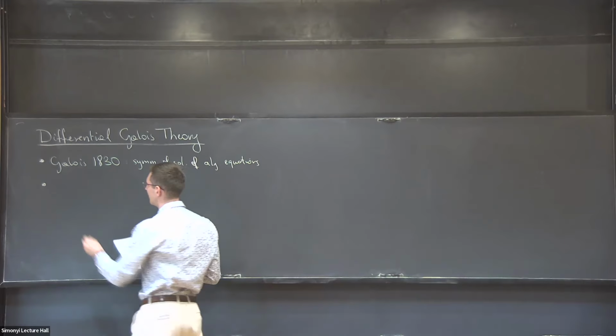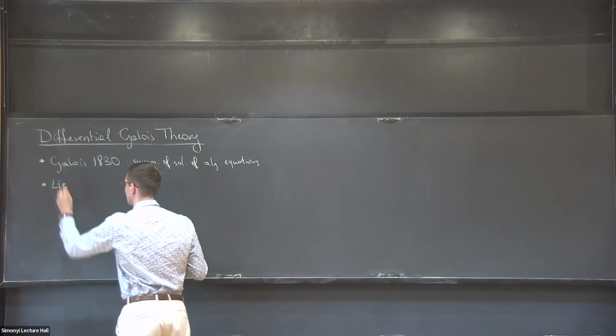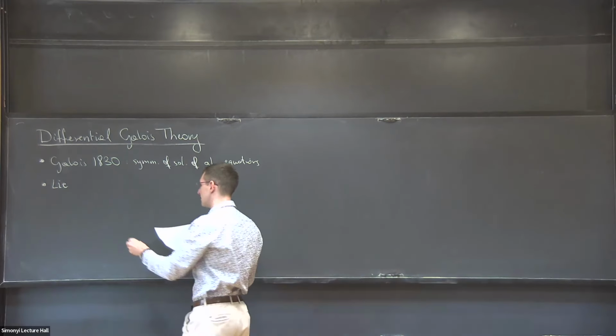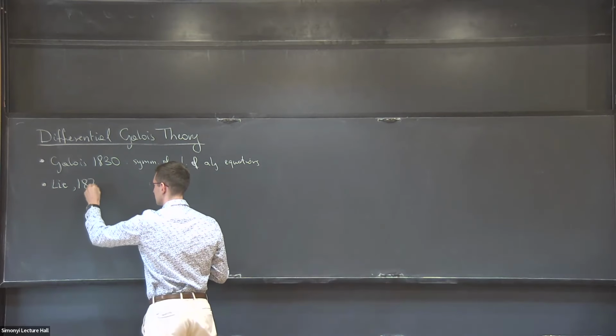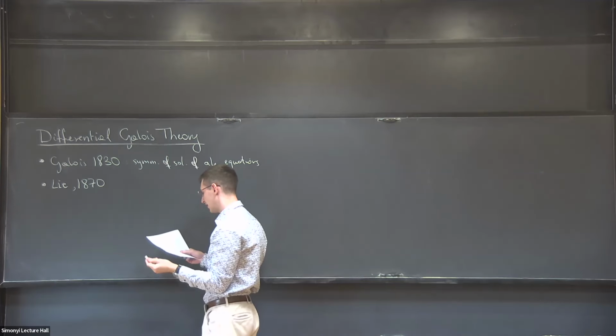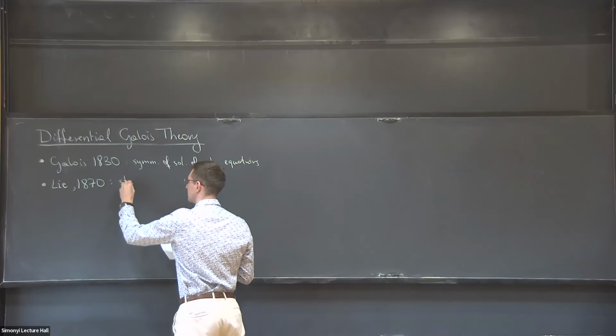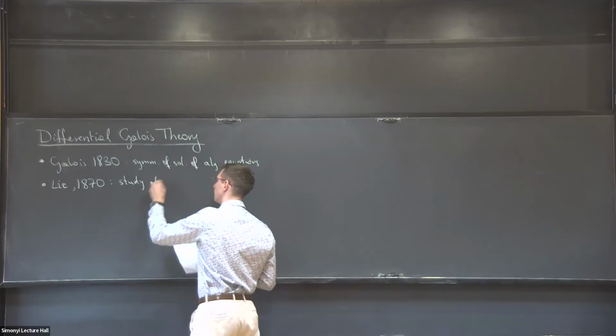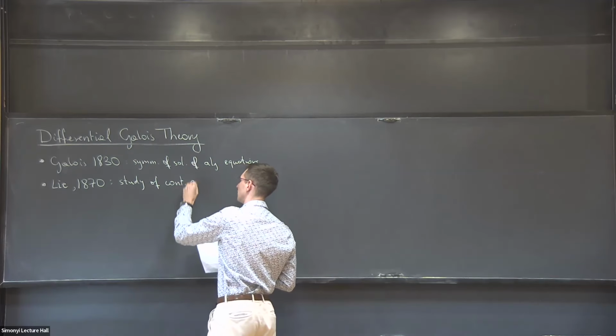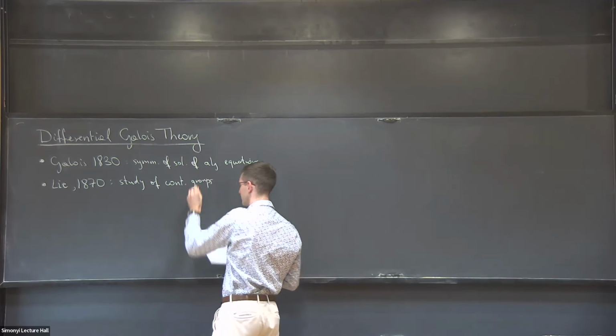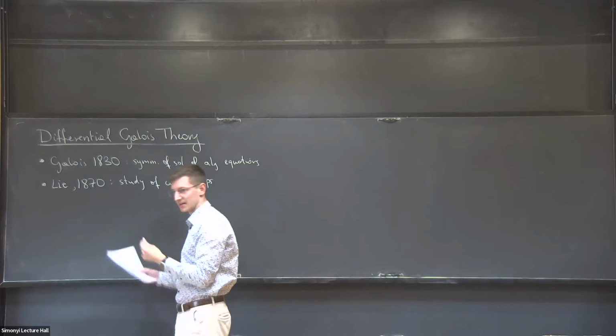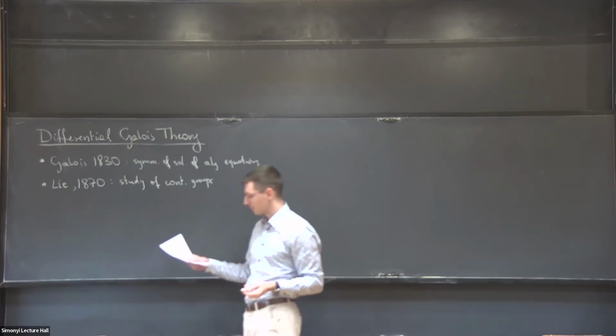differential equations, and the groups that are the symmetries of these equations were first considered by Lie. So this is the study of continuous groups that we now call Lie groups, and they can be symmetries of some differential equations.